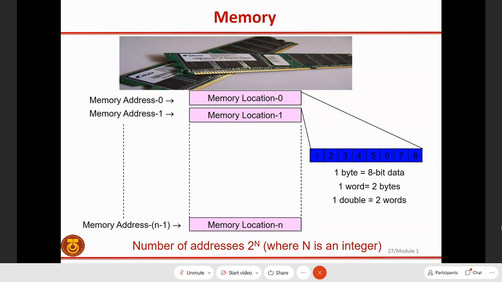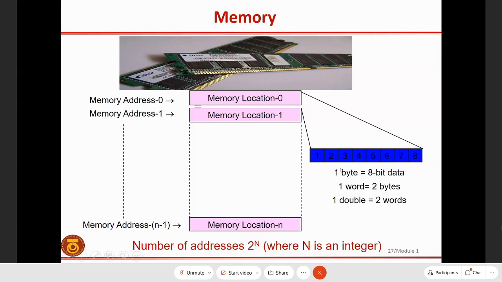But bits are not counted from 1. We start from 0 to 7. So one memory location can occupy 8 bits of data. It depends on what memory this is, ROM or RAM.